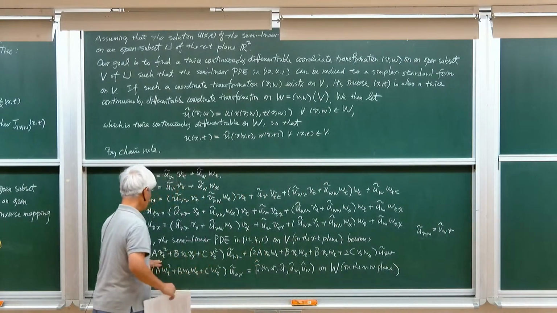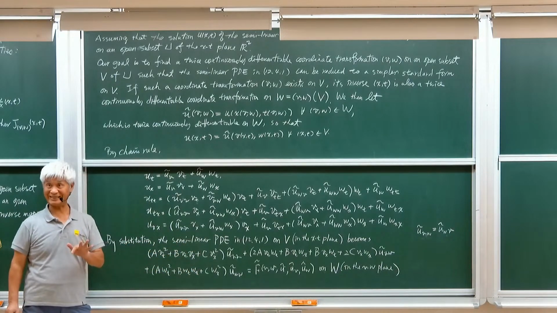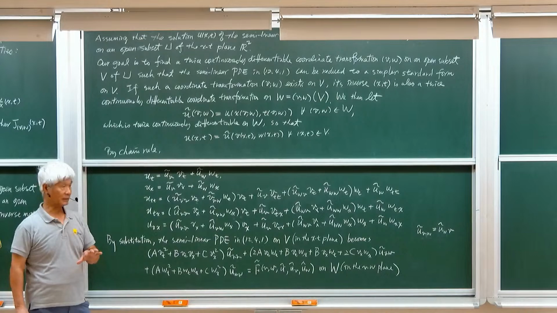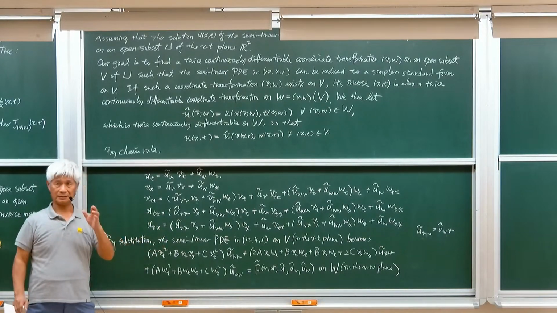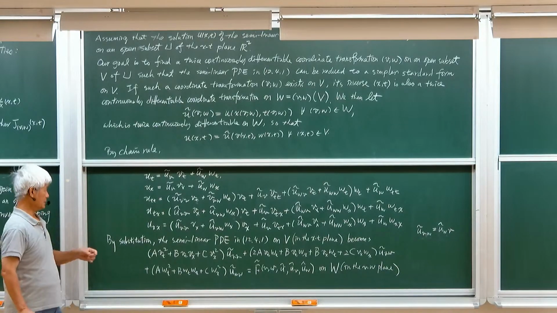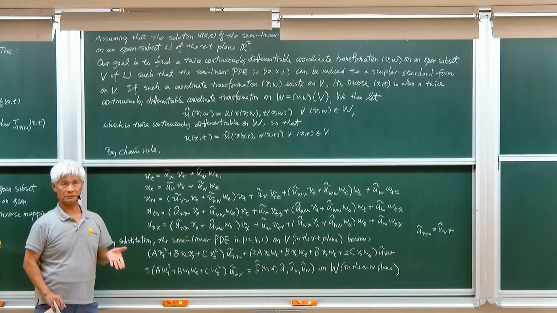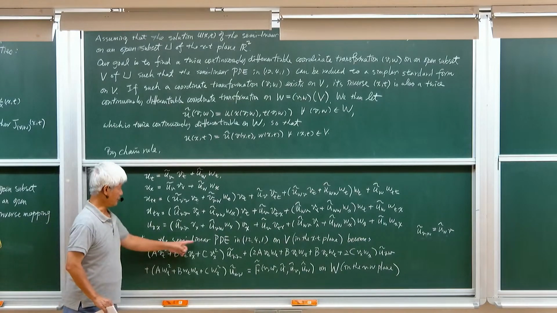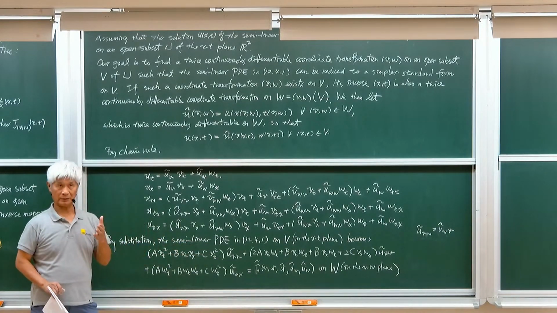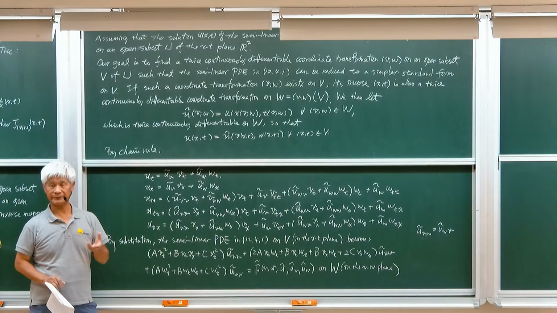All right, and you see here, the original ABC coefficients are functions of x, t, but x is a function of V, W. T is also a function of V, W. So this one is a function of V, W. So it is only a function of two independent variables V, W here.